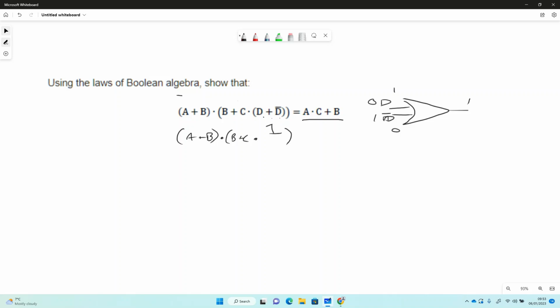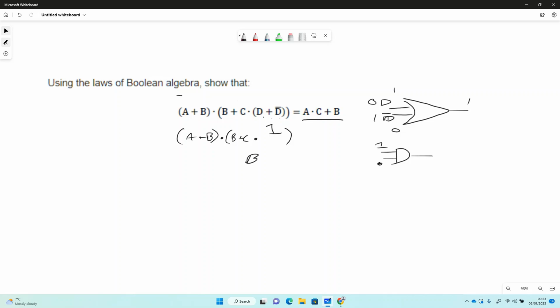So then we could again look at an identity. B or C and 1 is the same as saying X and 1, which is X, because again, if we've got an AND gate and we've got a 1 permanently on this side, then the output's only dependent on what comes in here.